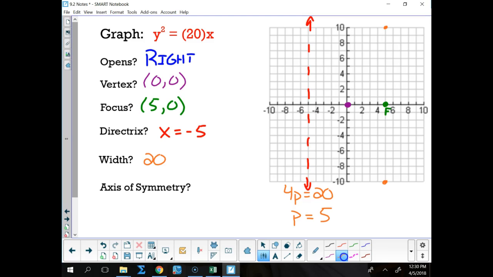That now allows me to draw in my parabola.